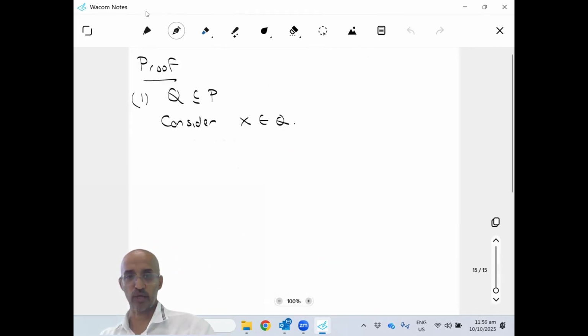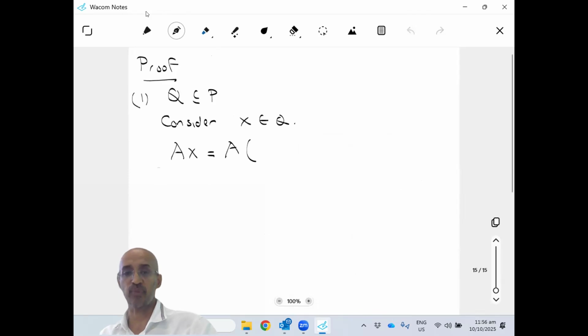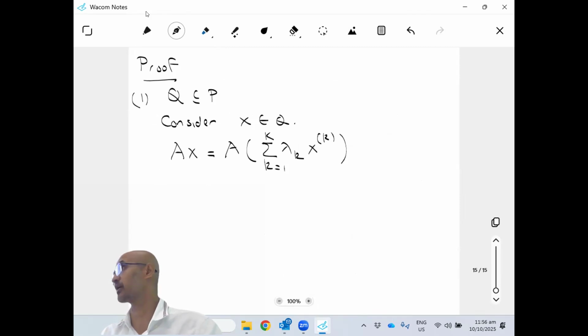So let's look at what Ax is. x can be written as a convex combination of the extreme points. So just plug in x as the summation over k going from 1 up to K of lambda k xk. Because x is in Q, there exists such a lambda. Now I simply take the lambdas out, move the A in.